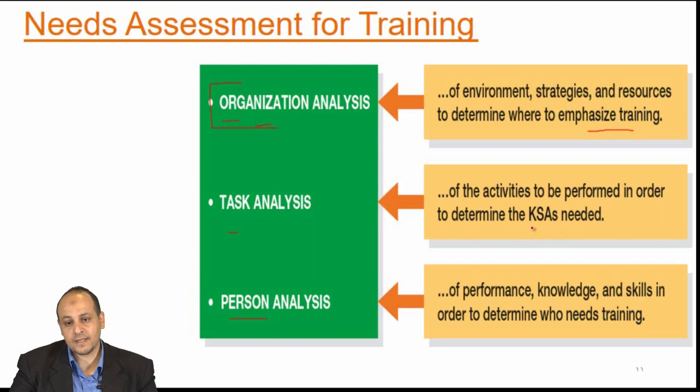That is knowledge, skill, and ability needed by the employees. The person analysis here is his or her performance, knowledge, and skills in order to determine who needs training. And that is why this is more based on the appraising process than it is on the person himself.